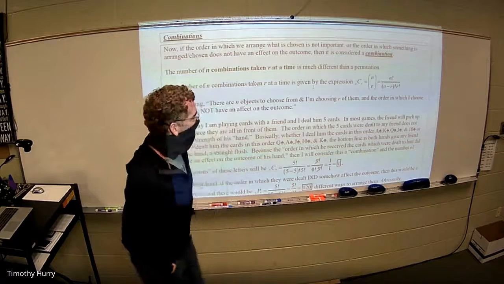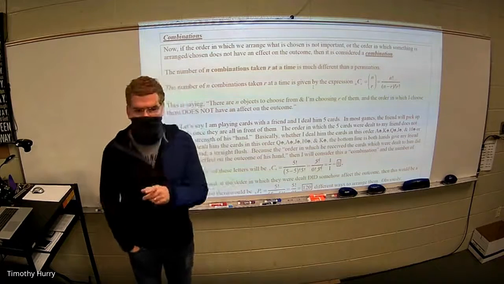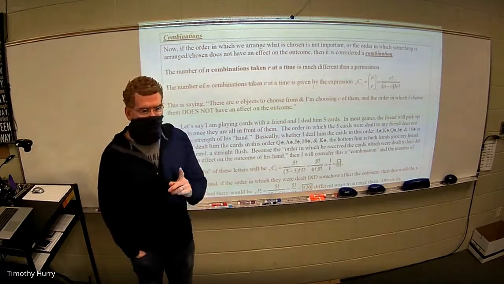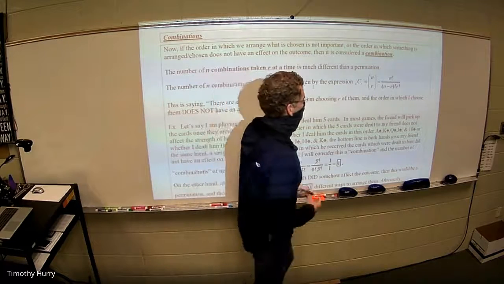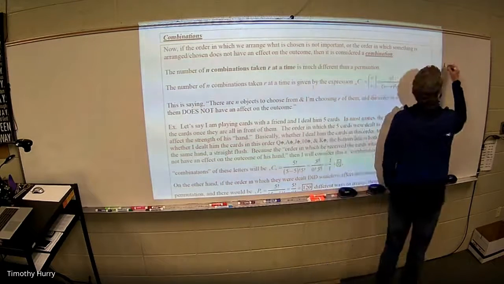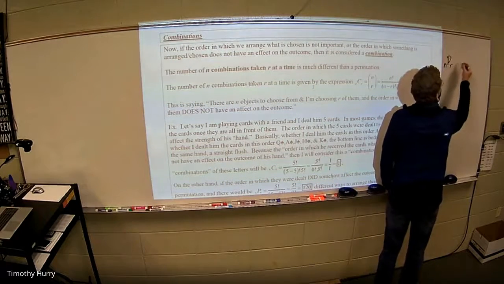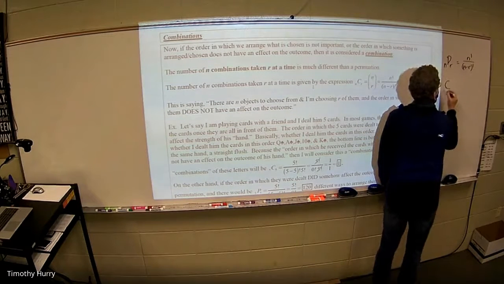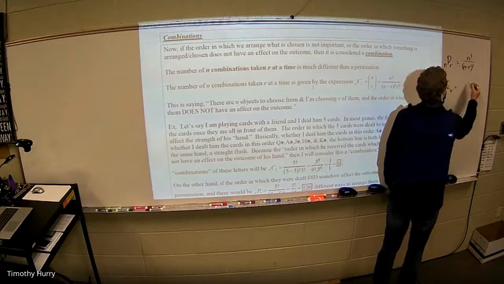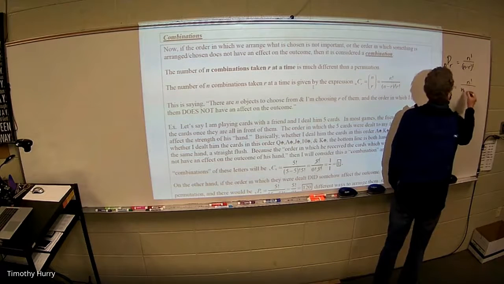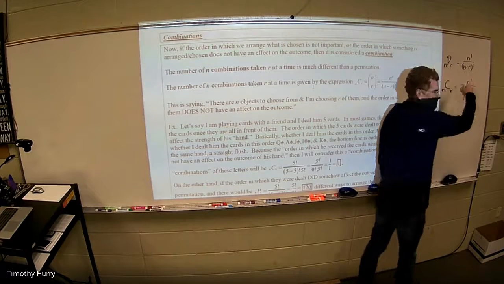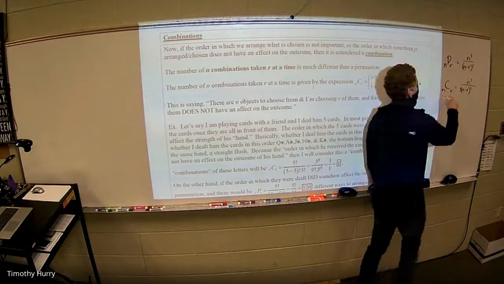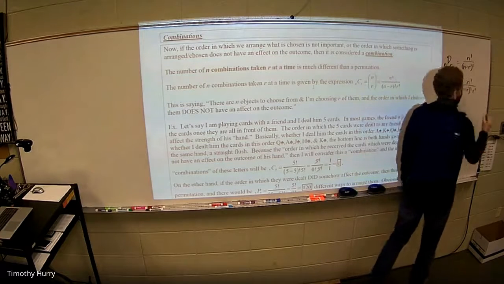But the main difference I want to point out with combinations and permutations is that a permutation, like nPr, is n factorial over n minus r factorial, but a combination, nCr, is n factorial over n minus r factorial, looks exactly the same, and then an extra r factorial.